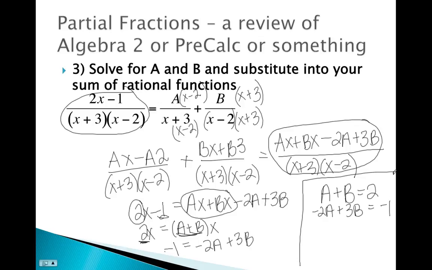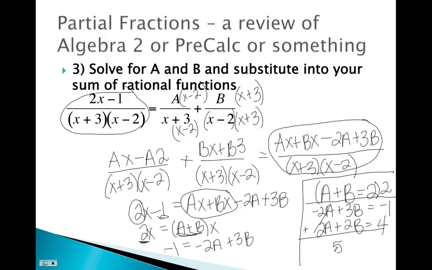And now you have a system of equations. Isn't this fun? You have a system of equations. I think I'd like to multiply this top one by 2 so that I have 2a plus 2b equals 4. And then I'm going to add down.